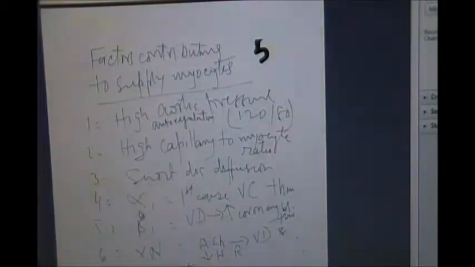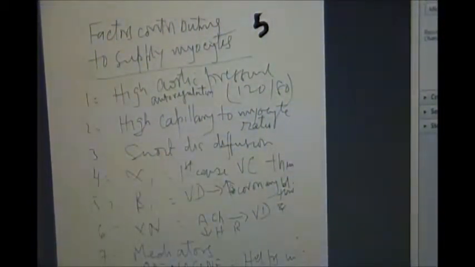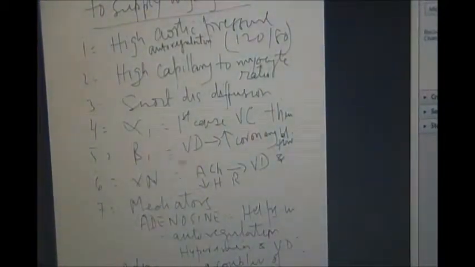Number 4, alpha 1 receptors first cause vasoconstriction and then beta 1 receptors cause vasodilatation that increases the coronary blood flow. Number 6, the vagus nerve, the 10th cranial nerve, that causes vasodilatation and decreases the heart rate.